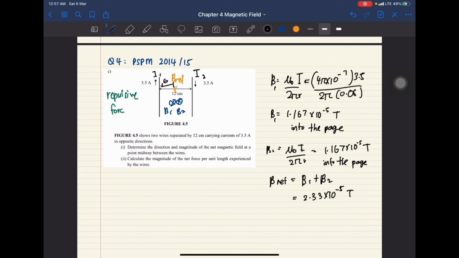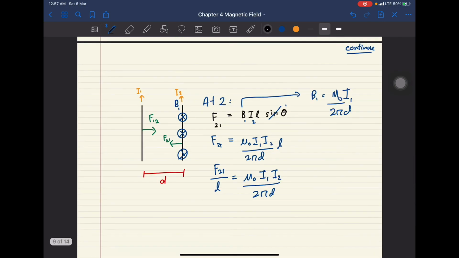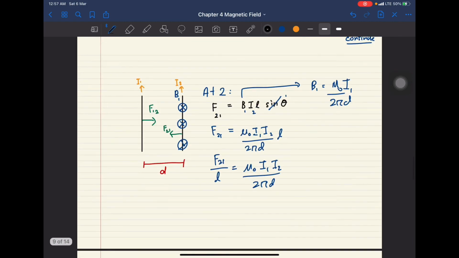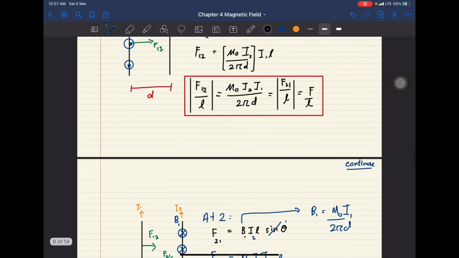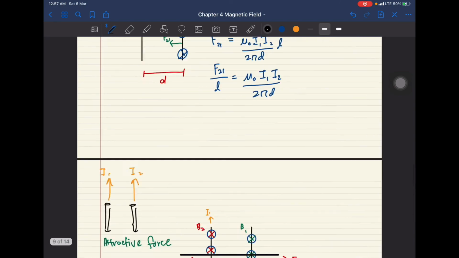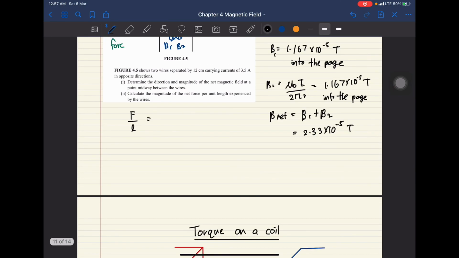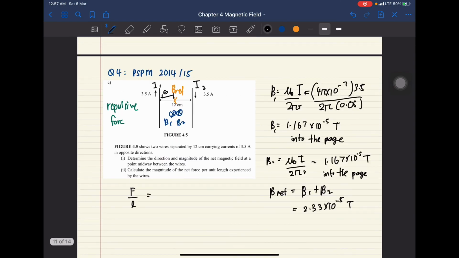Question number 2, calculate the magnitude of the net force per unit length experienced by the wire. So you can go back to the equation, F over L equals mu naught I1 I2 over 2 pi d. So this is question 1 and this is question 2.